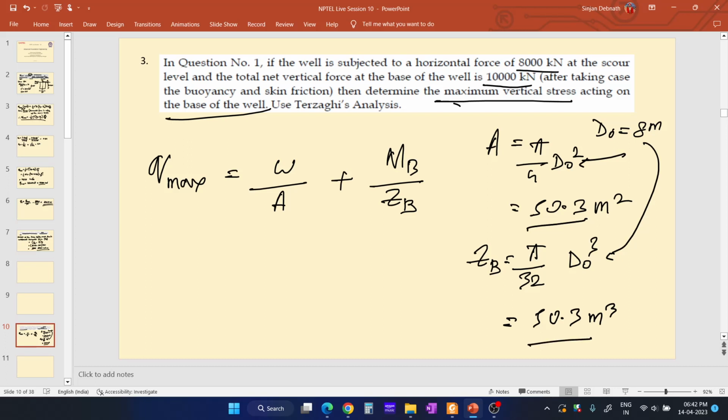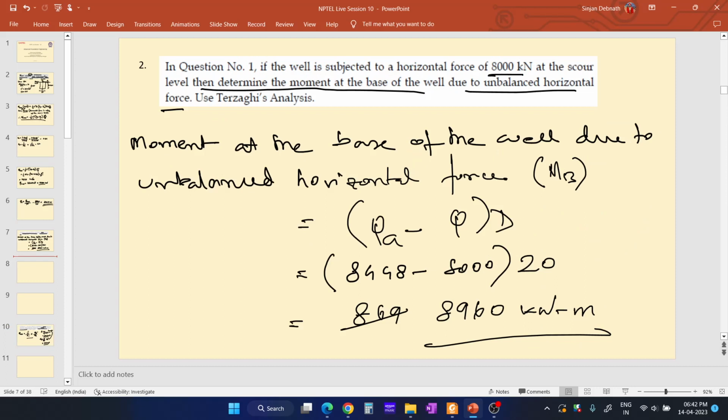So now we need to put all the values of all the parameters into this equation. We know the value of W, that is the net vertical force acting at the base of the well, which is this. We know the value of A, that is the cross-sectional area of the well. We know the value of MB, that is the moment at the base of the well due to unbalanced horizontal force. So horizontal force is 8,000, and we have already determined that in the previous question.